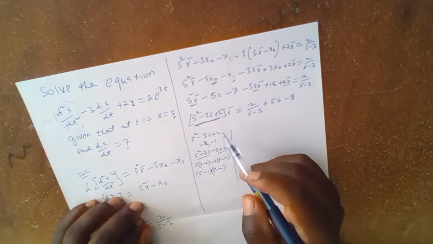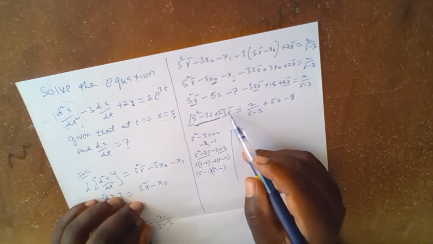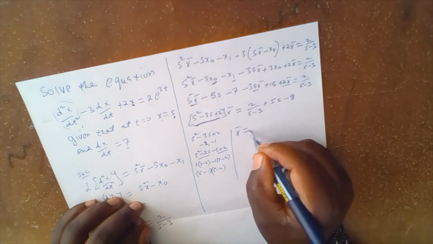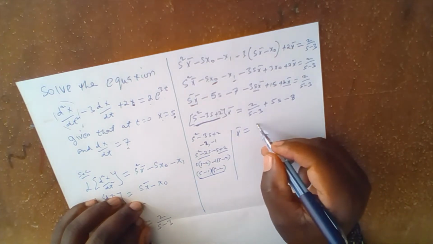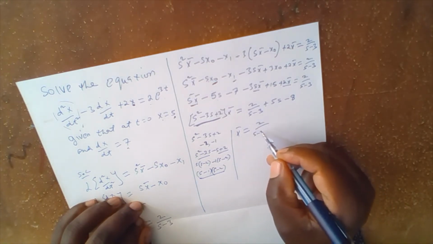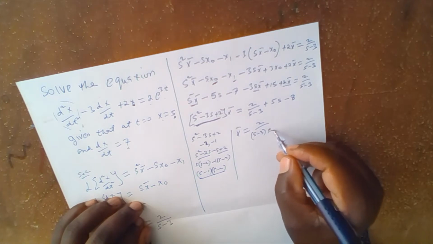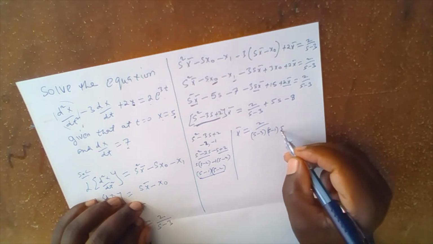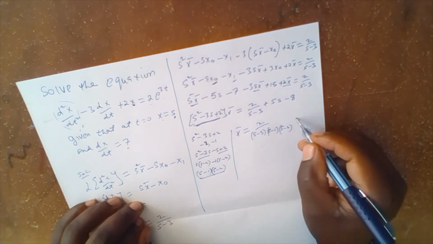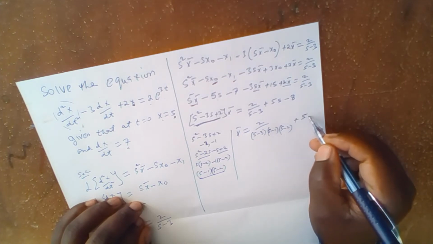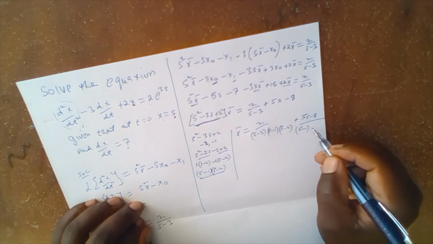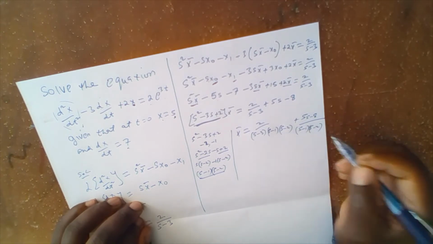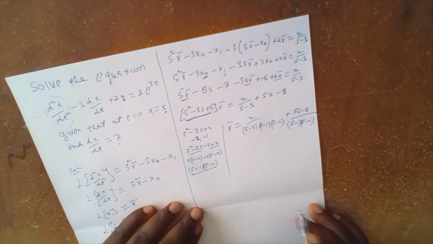Therefore, we can now make x bar the subject, so we divide both sides by this. We have x bar equals 2 over s minus 3, s minus 1, s minus 2, plus 5s minus 8 over s minus 1, s minus 2.